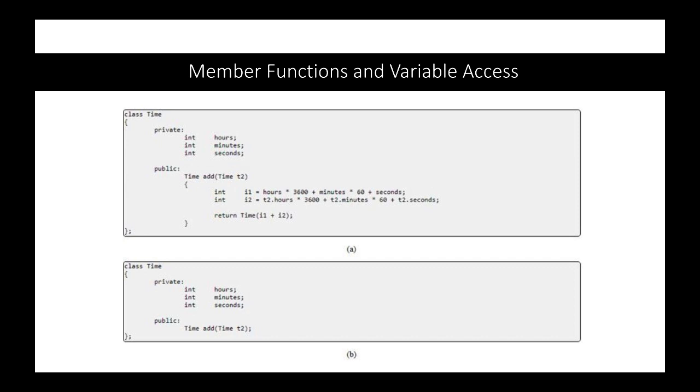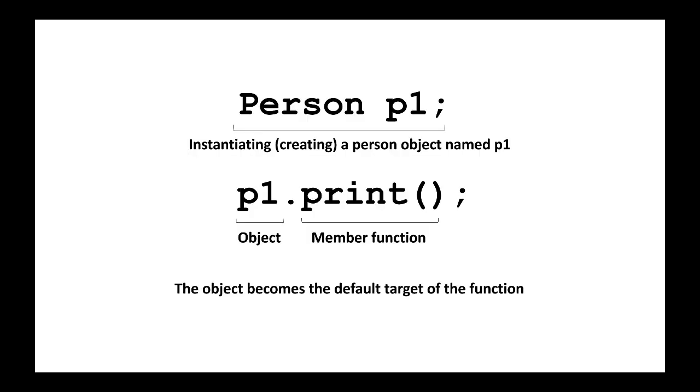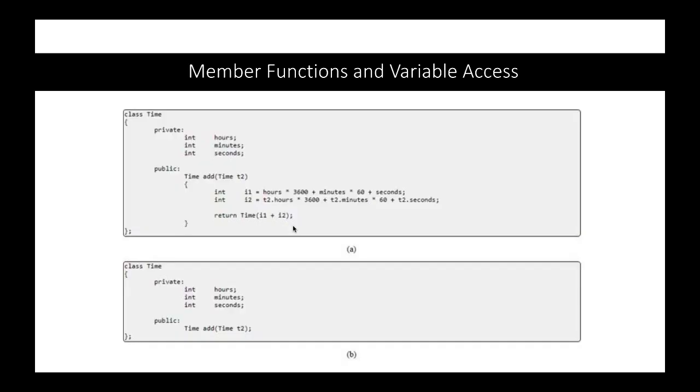Notice here, though, the second part I want to get into. The add function here has only one time parameter. How in the world is it supposed to add 2 times together to return 1 time if it only has 1 time parameter? Well, it goes back to what we said right here. We have an object that's bound to the print function, giving this print function implicit access to P1's variables.